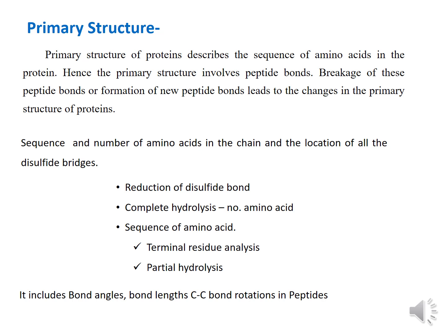With the help of these two methods, one is able to get the sequence also. So overall, I can say that the primary structure describes the sequence, number of amino acids, and the locations of disulfide bridges. Also, it includes bond angles and bond lengths of carbon-carbon bonds in the peptides. So these are the things related to the primary structure.